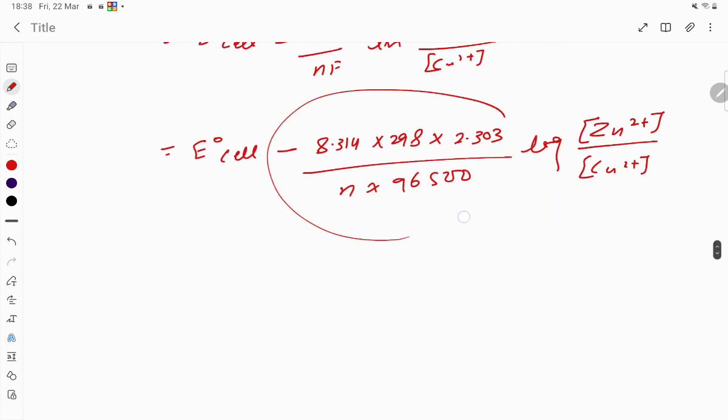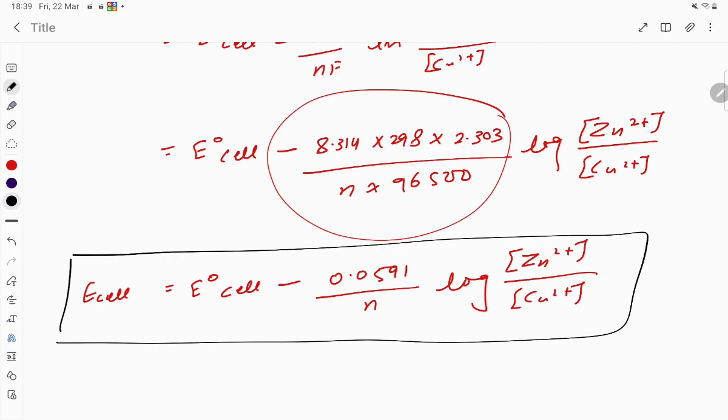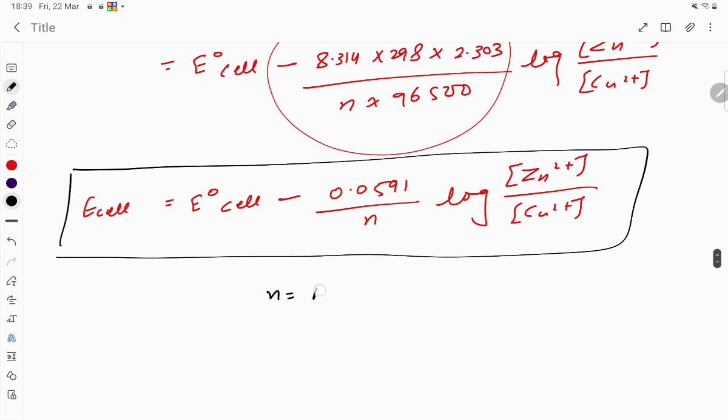Now if you solve this term, E cell is equal to E naught cell minus 0.0591 upon n log Zn2+ upon Cu2+, where n is the number of electrons involved.